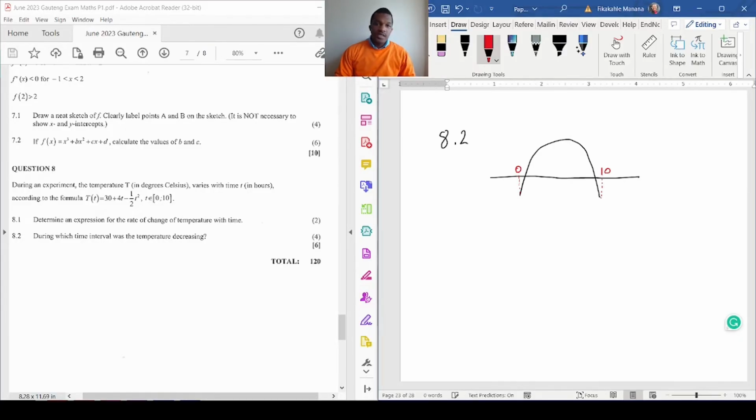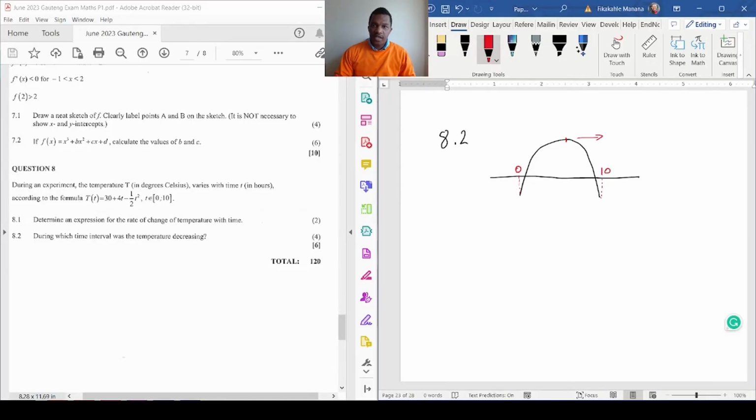Secondly, we know that it's decreasing from the turning point towards positive infinity, but it ends at 10, so it's going to decrease from the turning point to 10, and you can see it's decreasing.